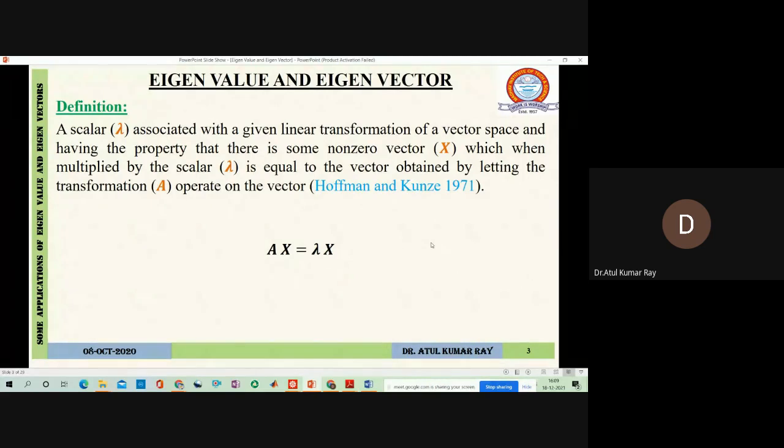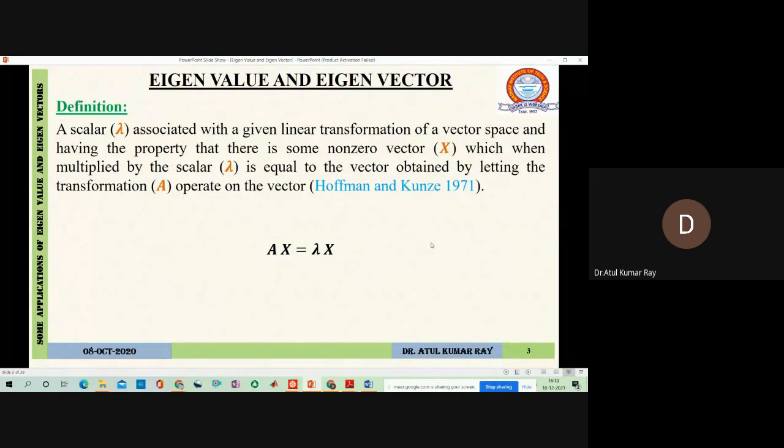A scalar lambda is associated with a given linear transformation of a vector space, and has the property that there is some non-zero vector which, when multiplied with the scalar lambda, is equal to the vector obtained by letting the transformation operate on the vector. It's a very simple statement, but its meaning is very deep.